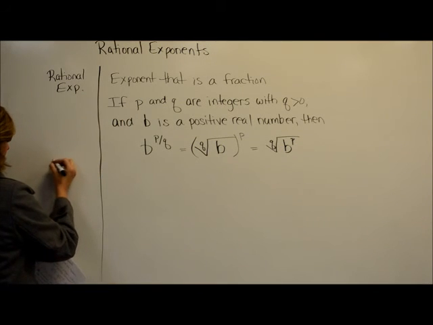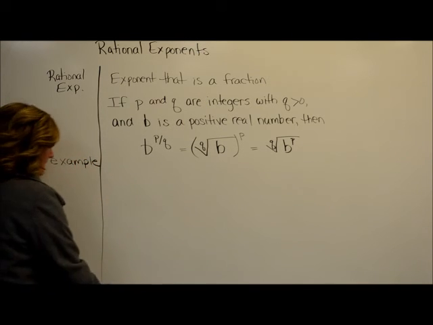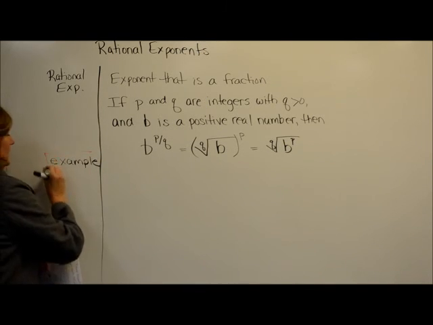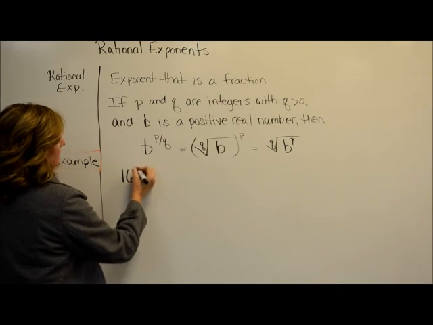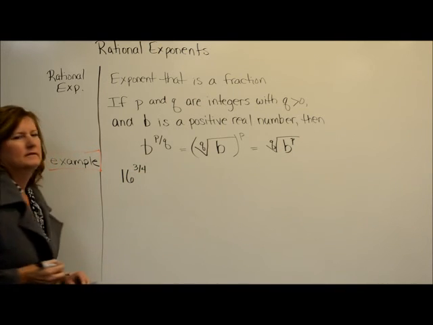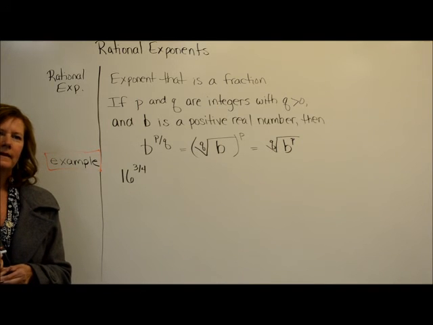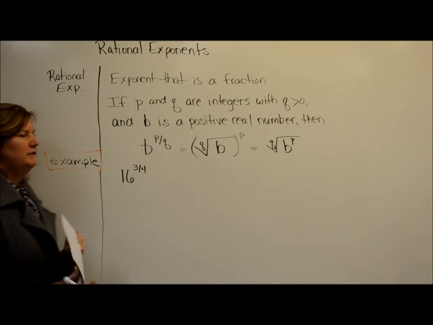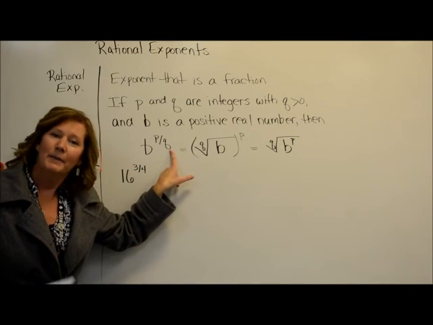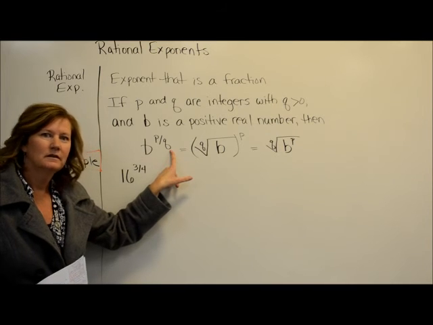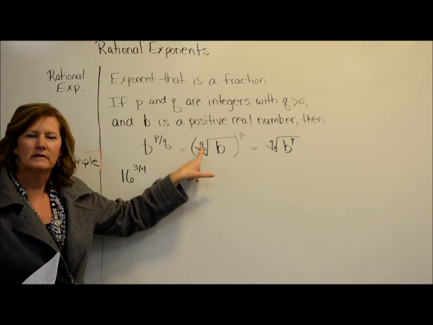So let's look at an example so you know what I'm talking about. Here's an example of what you would do. I have 16 to the 3/4. Well, if you look here, the Q, the denominator of that fraction, goes into the V of the radical sign.